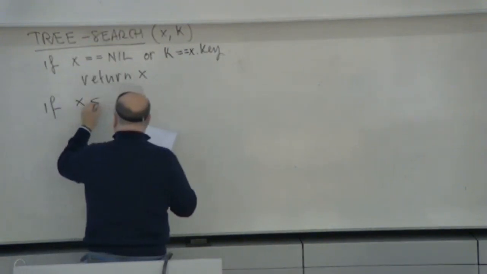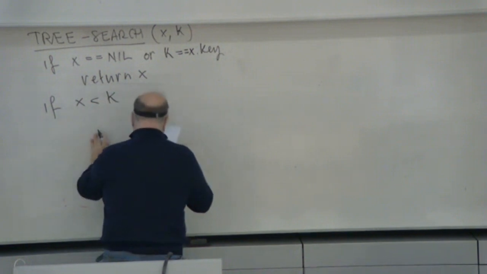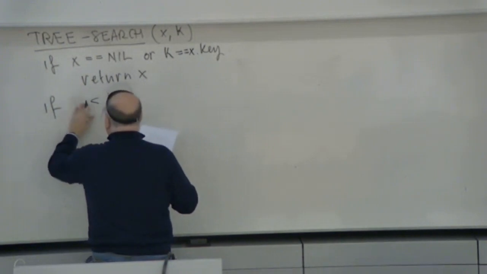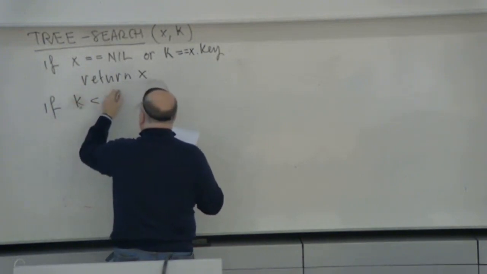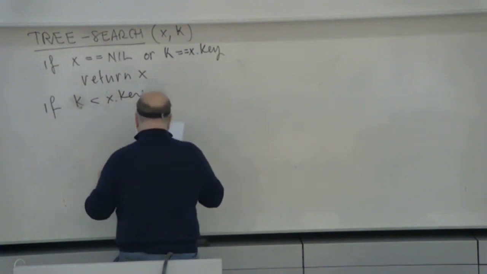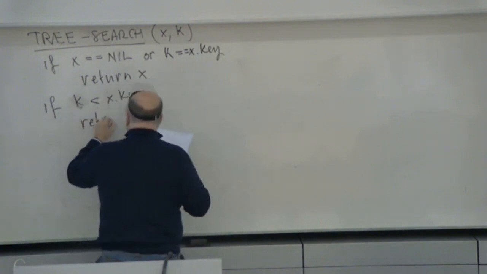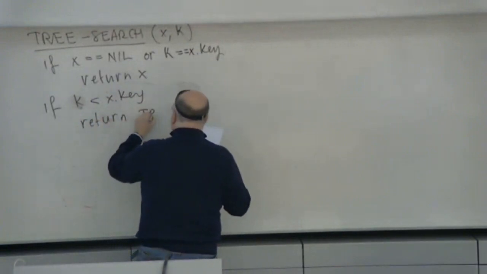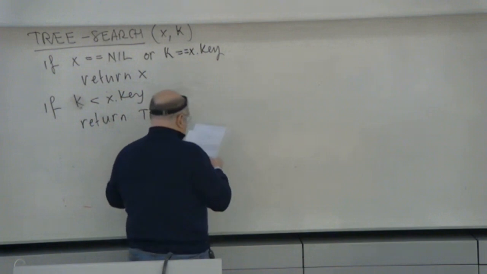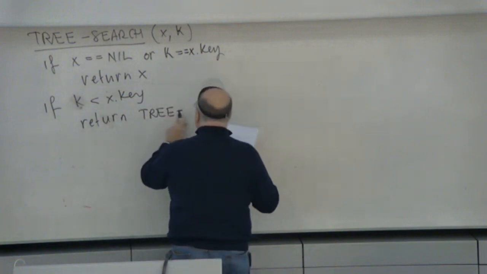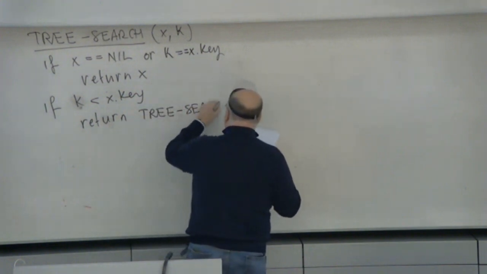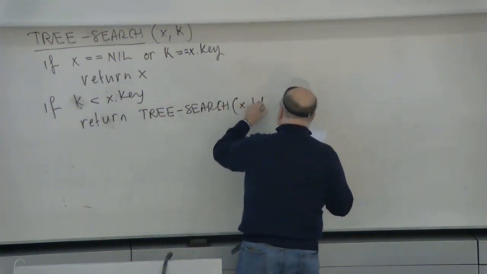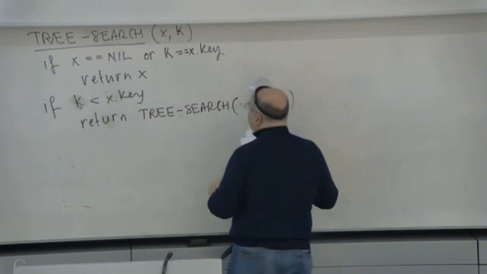Then, of course, if you're not at the end, you do the comparison. If k is less than x.key, then you return TREE-SEARCH(x.left, k).